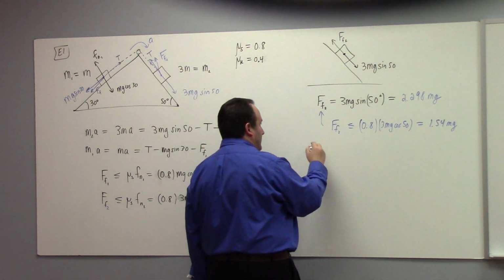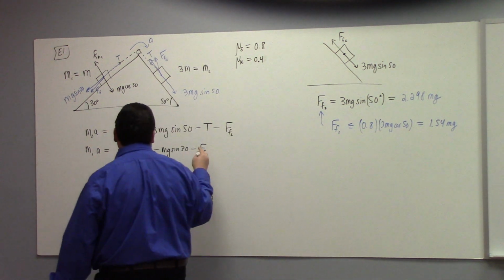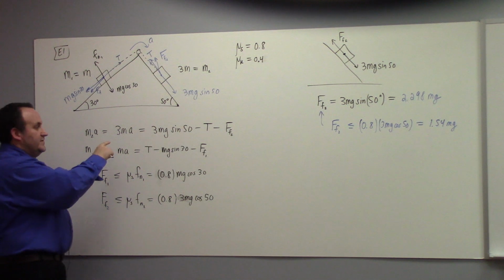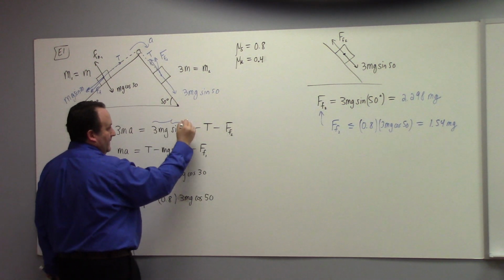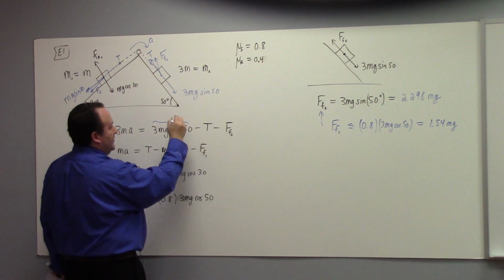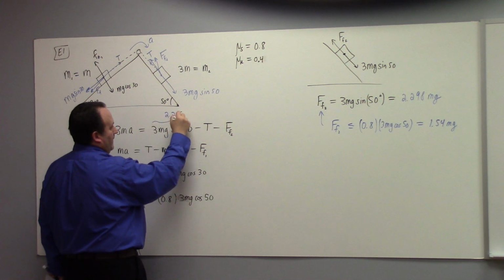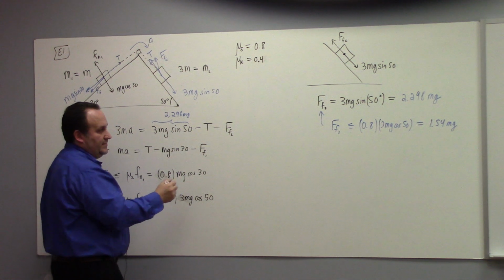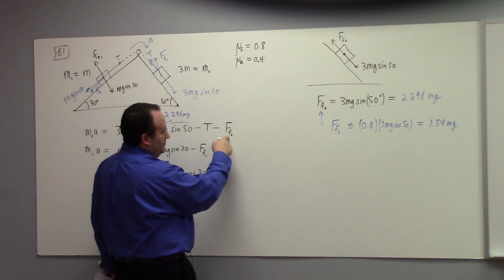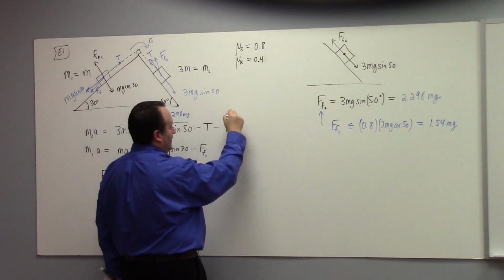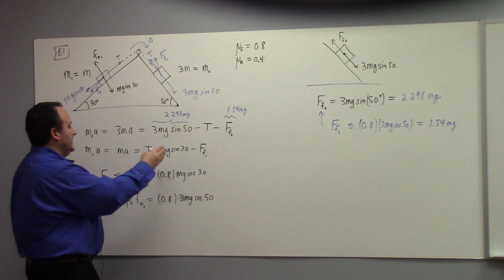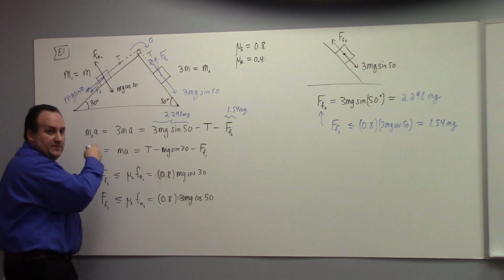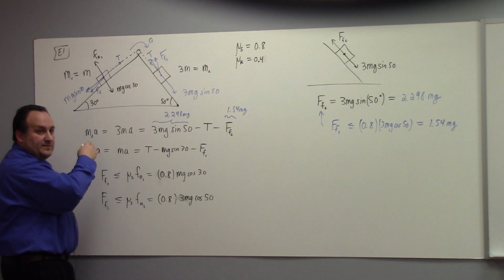If you look back here at Newton's law, you've got this term right here, which is 2.298 mg, we just calculated it. And this right here is at most 1.54 mg, right? So in order to get this to balance out to 0, you have to make up the difference where?